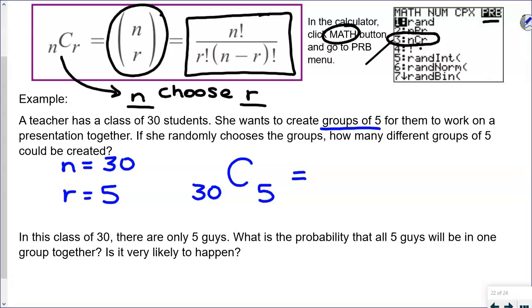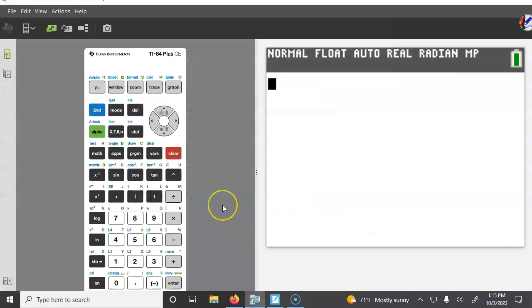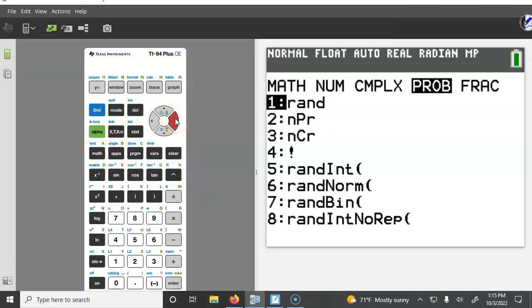Now in the calculator, here is what that looks like. Let me pull up my calculator. I usually type the n first, which is the 30. Then we go to the math button and over to the probability menu.